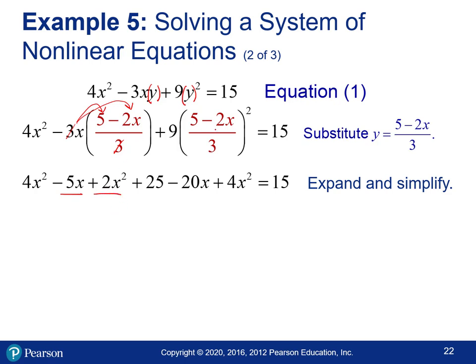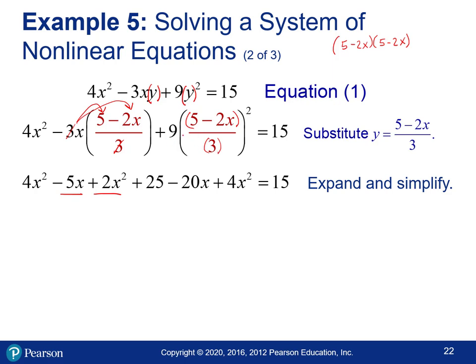Now this one over here, order of operations, you have to square this first. And so you do have to FOIL that numerator out. So you're going to have 5 minus 2x times 5 minus 2x. And then the denominator is also going to get squared, but that's the 9. So when you square the numerator, that's what we have up here. When the denominator gets squared, that's going to become 9.